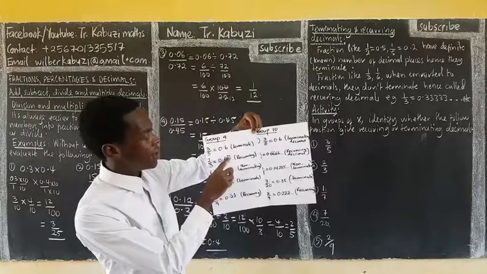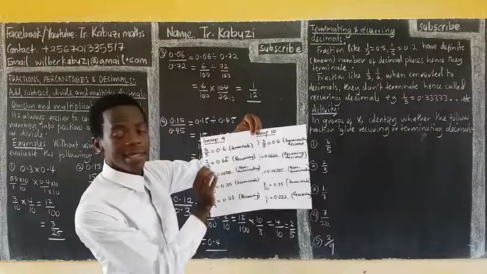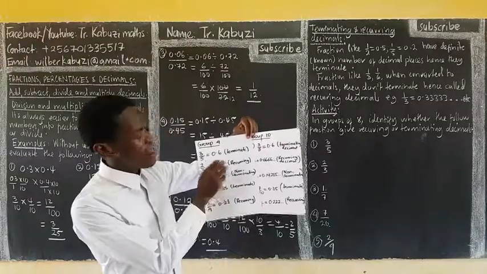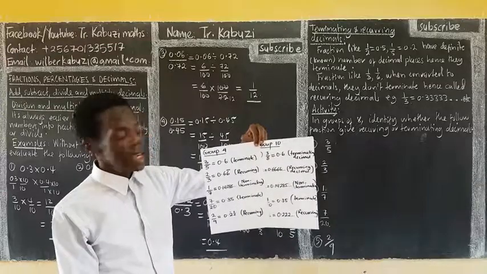For them, they use the bar. With this bar, they are showing that this 6 is repeating. So whenever you see a bar, that means that it is a recurring decimal.